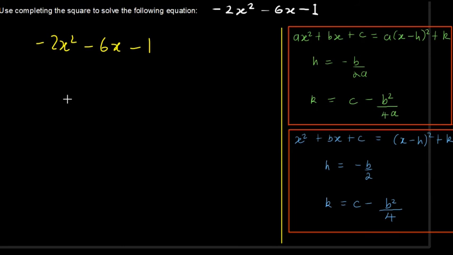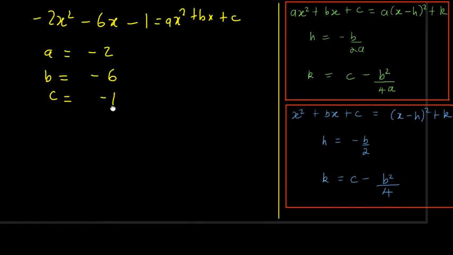First we use the same form as ax squared plus bx plus c, which means our a is -2, our b is -6, and our c is -1.